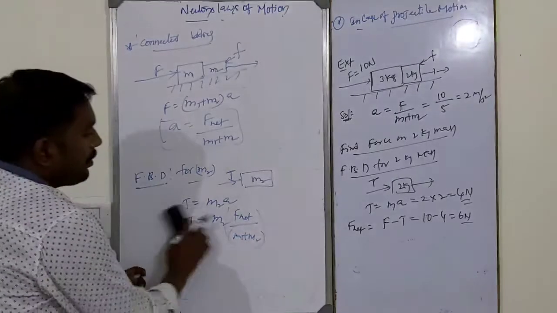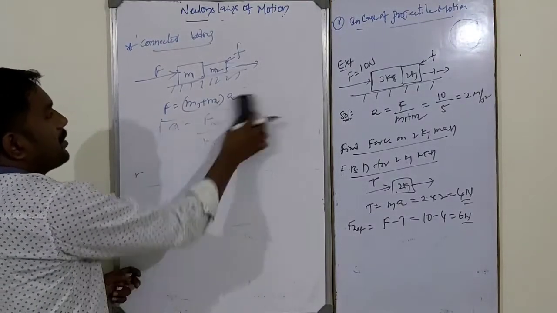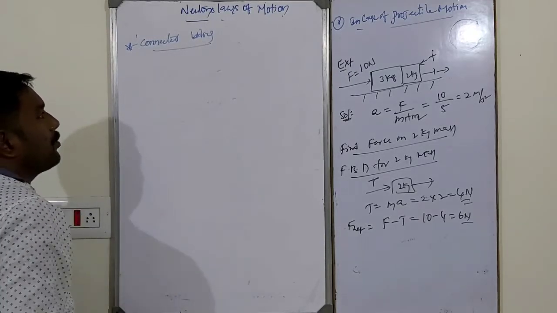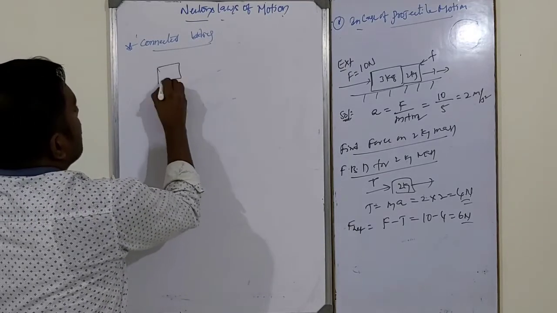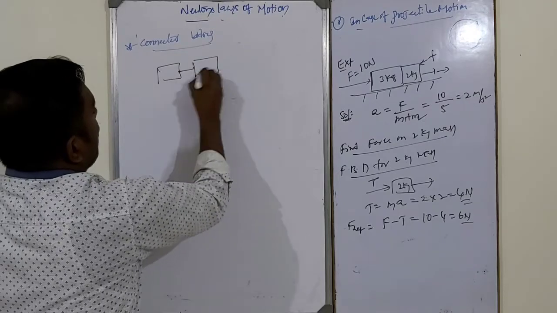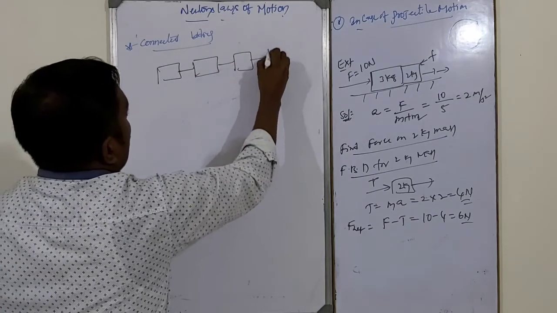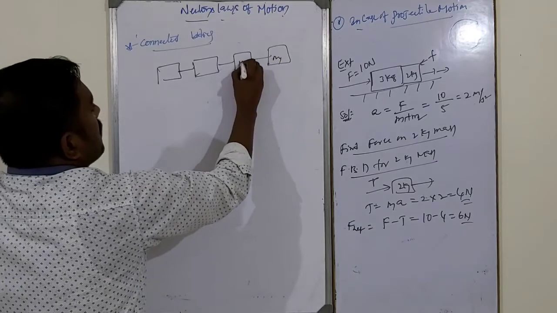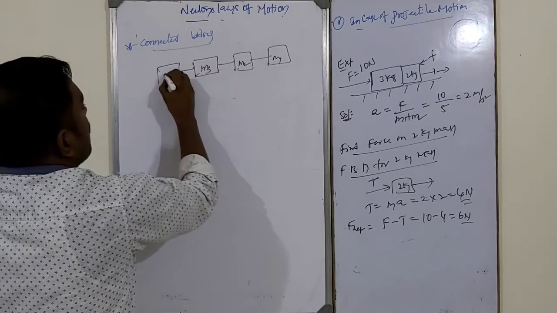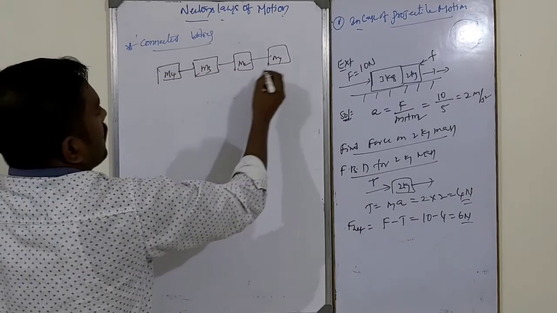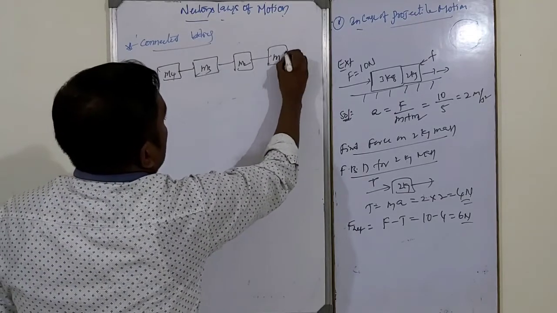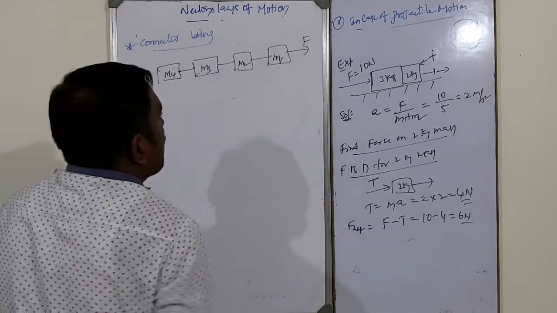Okay. Suppose, let us consider 3 massive bodies or 4 massive bodies, whatever, like this. This is M1, this is M2, this is M3, this is M4. Suppose F is the force applied.